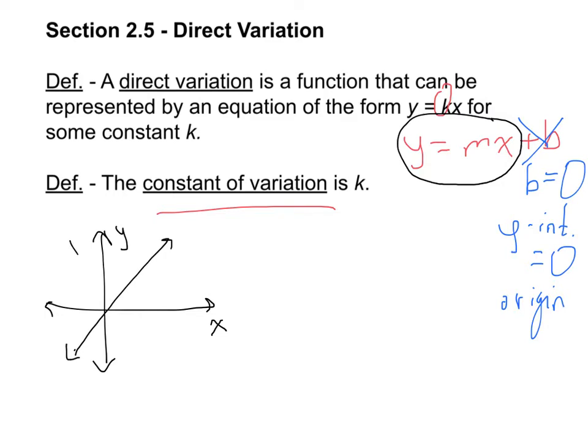Now, it could have a positive slope, it could have a negative slope, it could technically even be flat along the x-axis. Those could all count as direct variations, but you're going to have to look at the problem on a case-by-case basis.